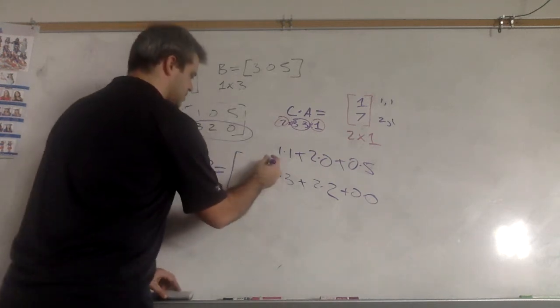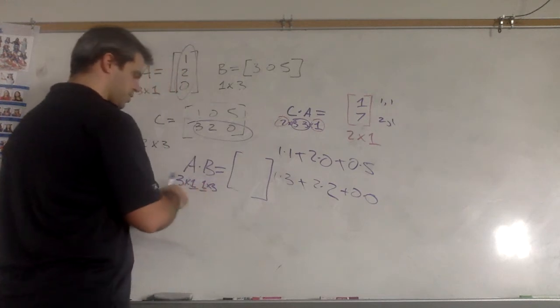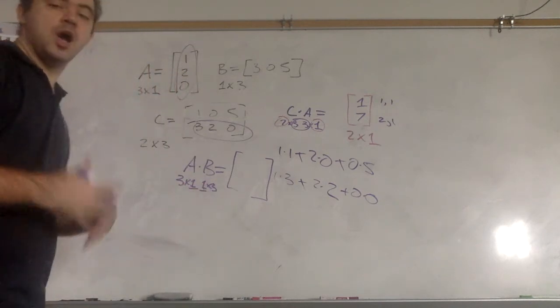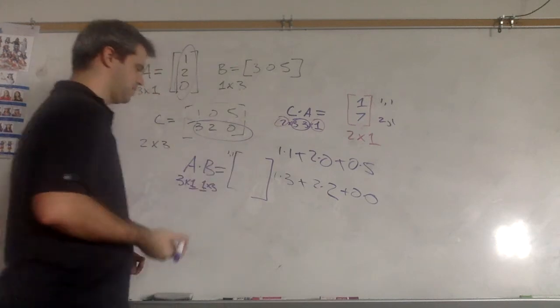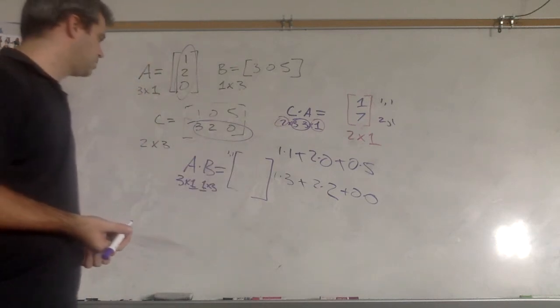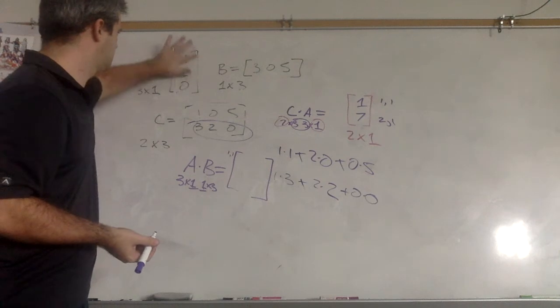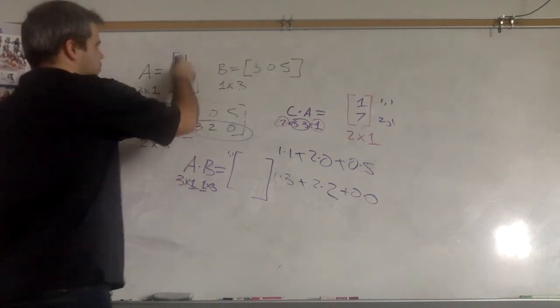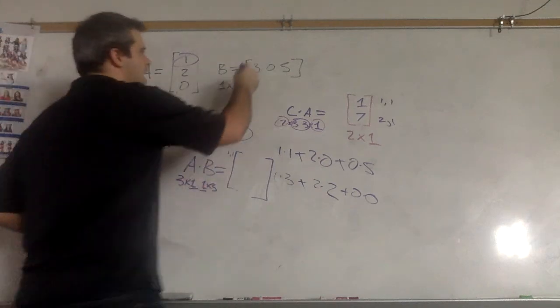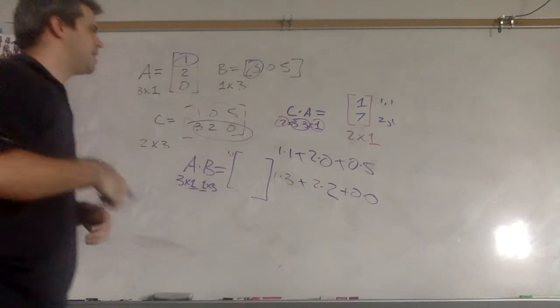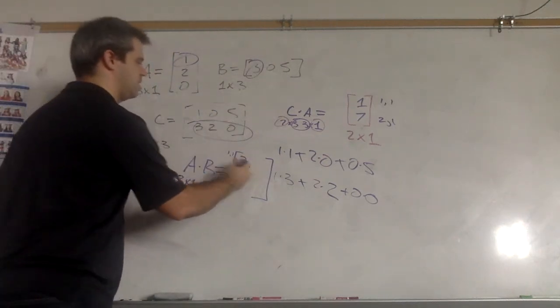And my dimensions are going to wind up being 3 by 3. Well, how am I going to find my answers here? Well, if I want to find 1, 1, I need to look at row 1 of matrix A and column 1 of matrix B and multiply those together. So that would be 3.